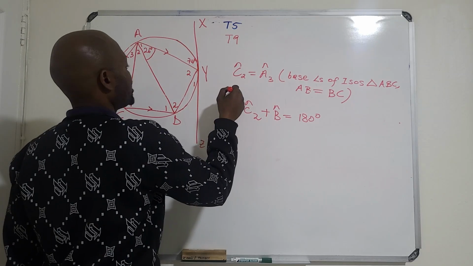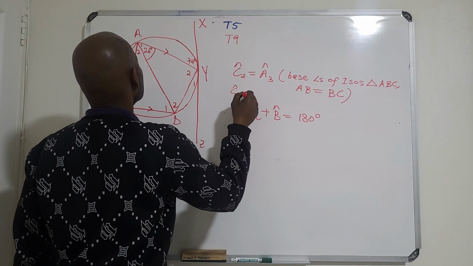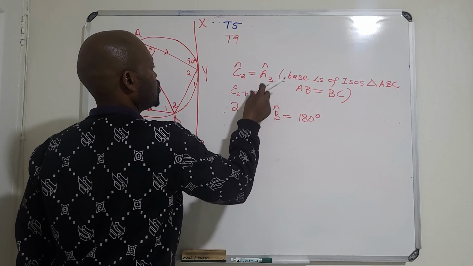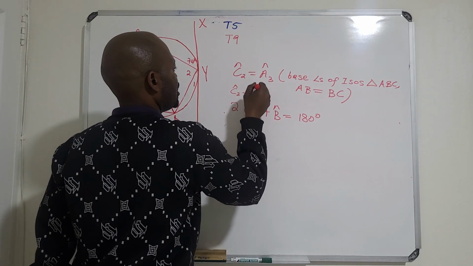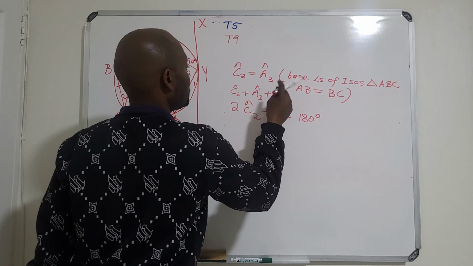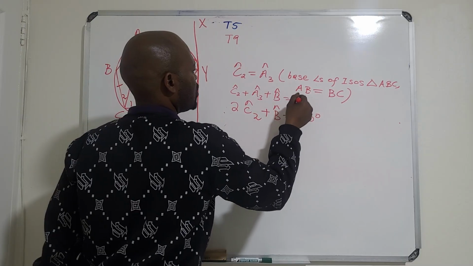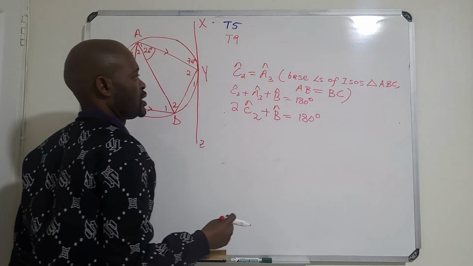Obviously, by saying angle C2 plus angle A3 plus angle B is equal to 180 degrees, sum of angles in a triangle.